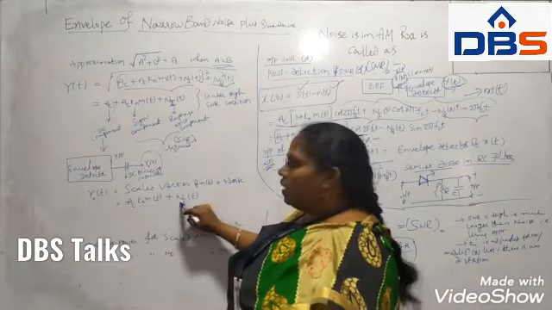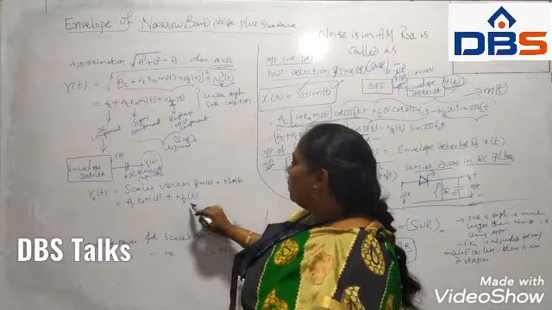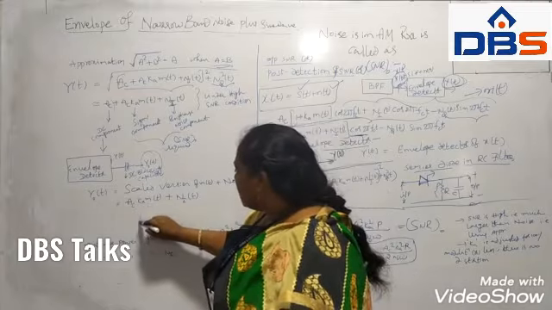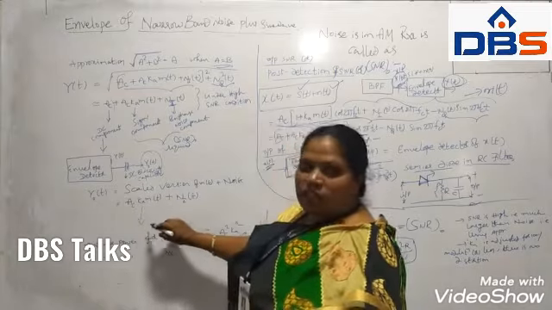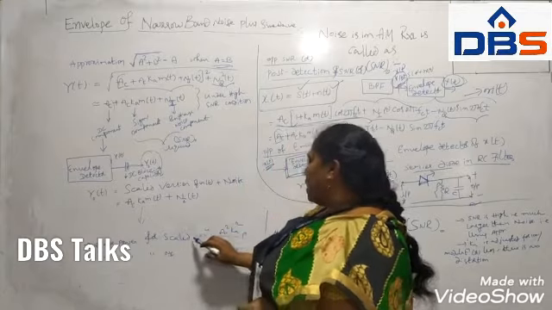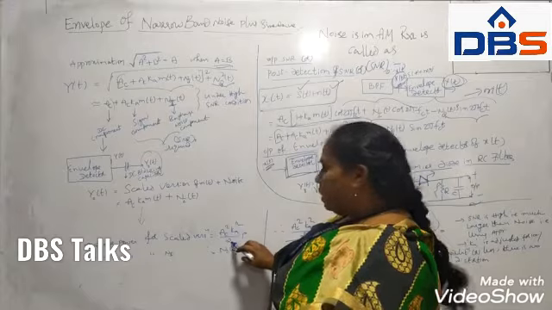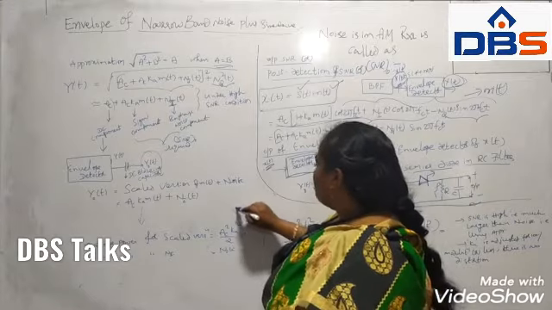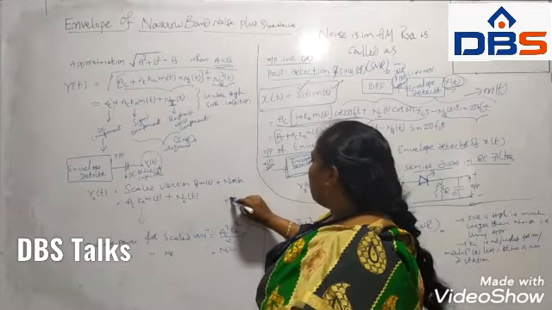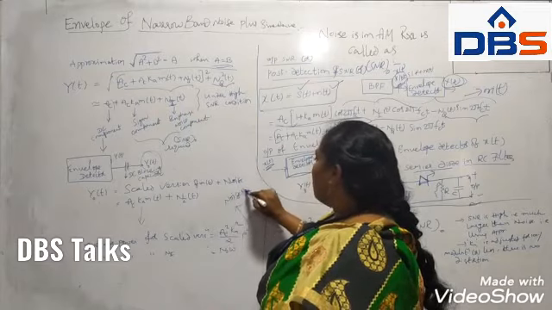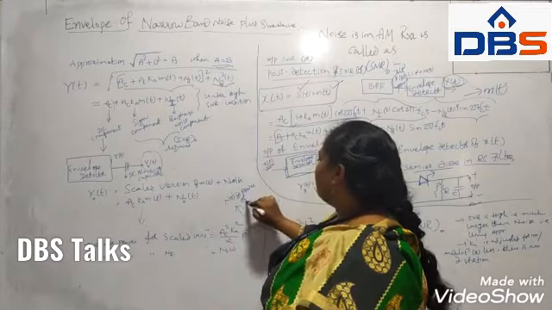So the noise Ni of t is the in-phase component only. Here for this AC Ka M of t, the average power, taking the scaled version, is AC square Ka square by 2 into P, where this P is the power of the message.